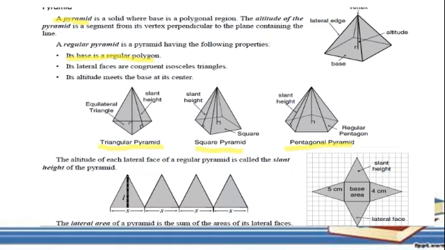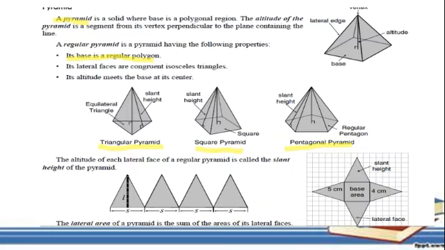Let's explain this, class. The triangular pyramid, its base is a triangle. Its height is called the slant height. The square pyramid, its base is a square. The pentagonal pyramid, its base is a regular pentagon.